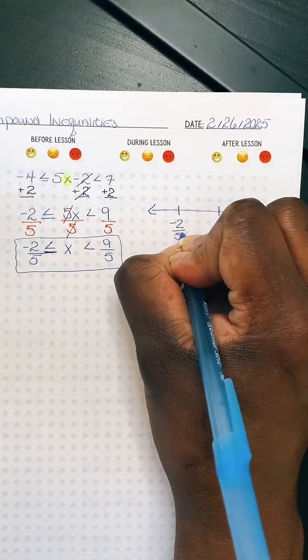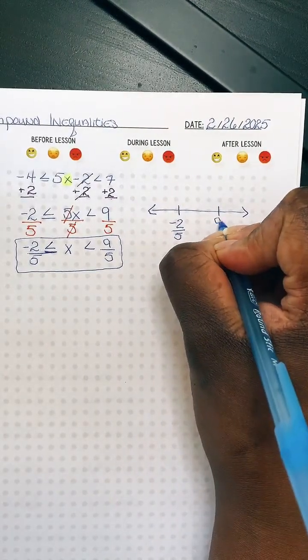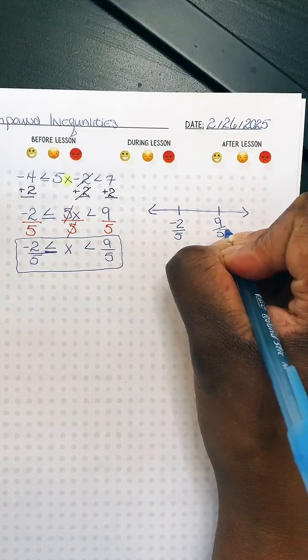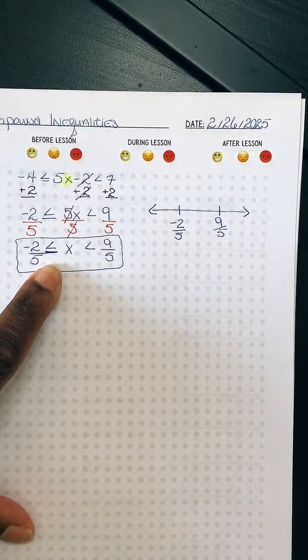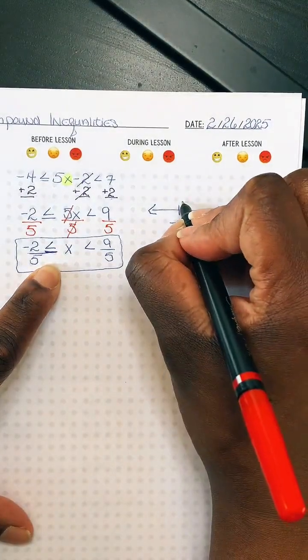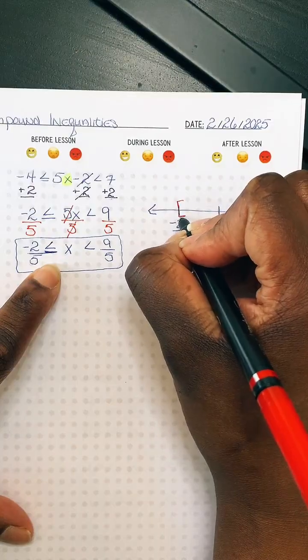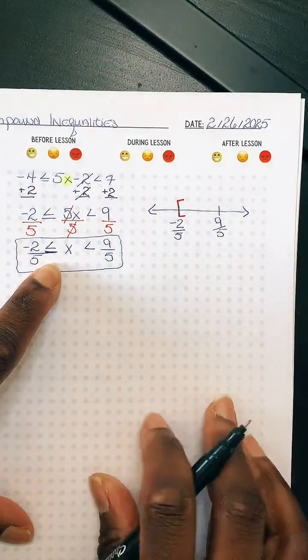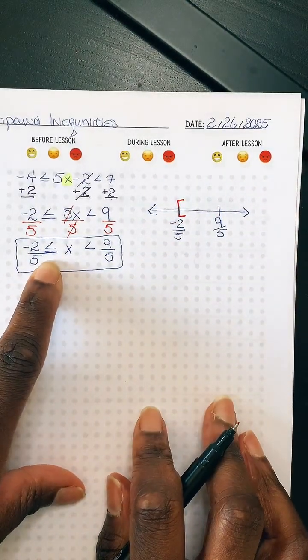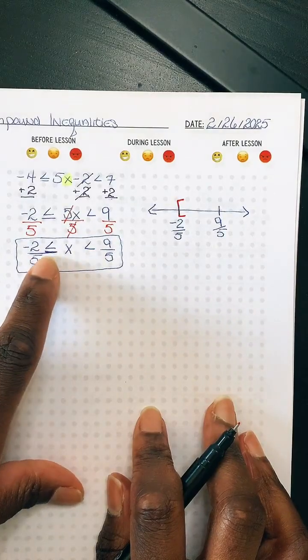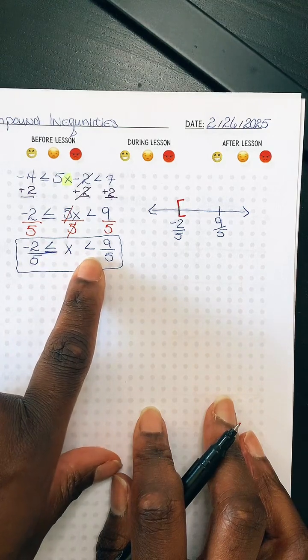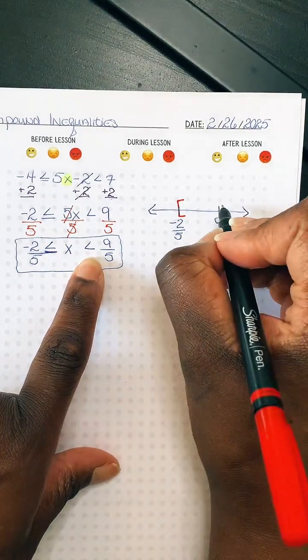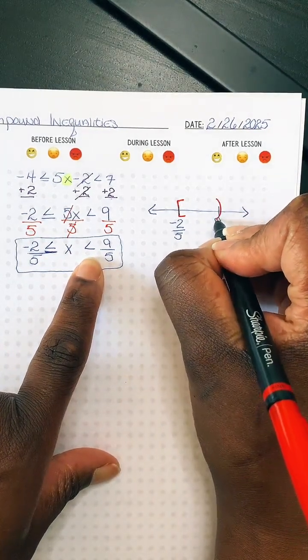Remember, the negatives are to the left, and the positives is to the right. Okay. So since it is equal to, that means it's going to be a bracket. Okay. So anytime less than or equal to, greater than or equal to, it's always going to be a bracket. Whereas just less than or greater than, it will be a parenthesis.